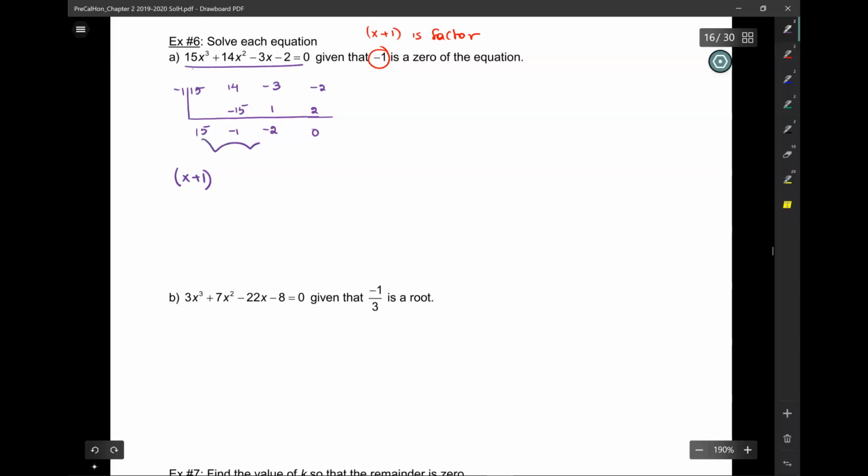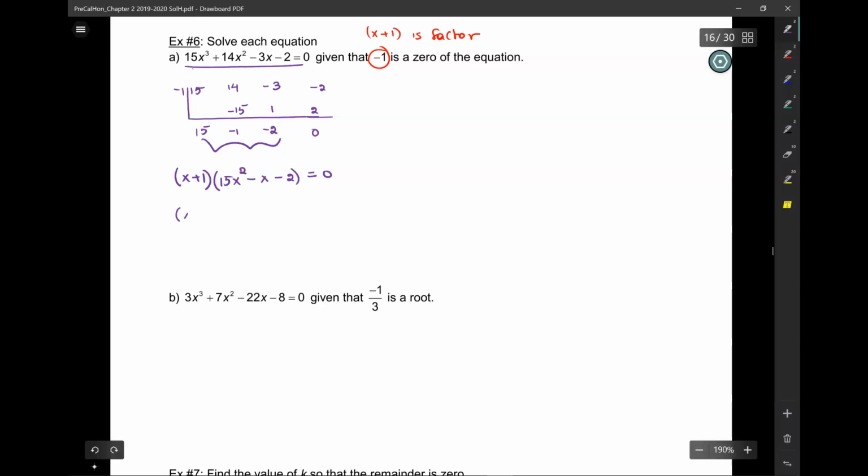And then from here, I get the other factor, 15x squared minus x minus 2 equal to 0, because ultimately I'm working with this equation, setting it equal to 0. I need to not factor, but find the zeros.